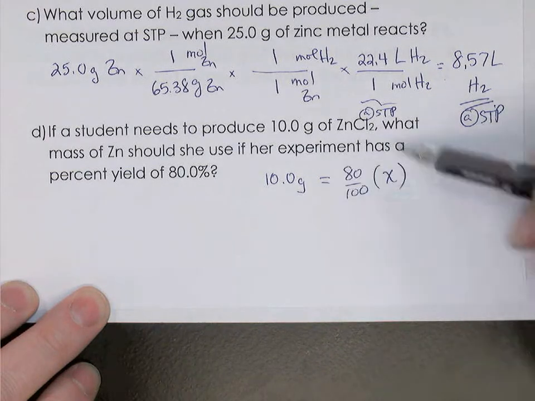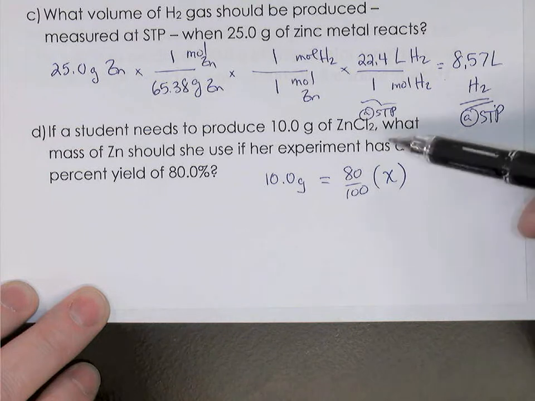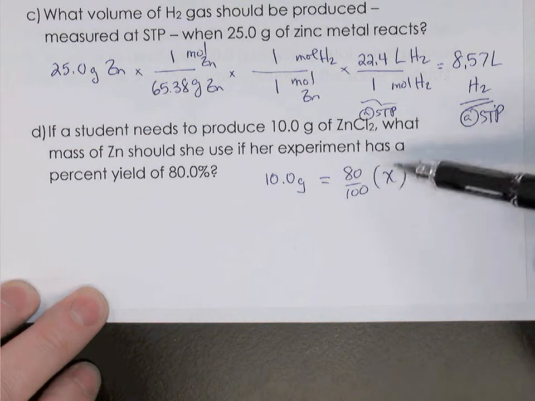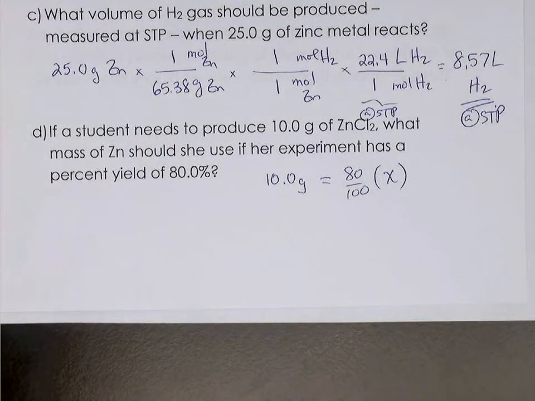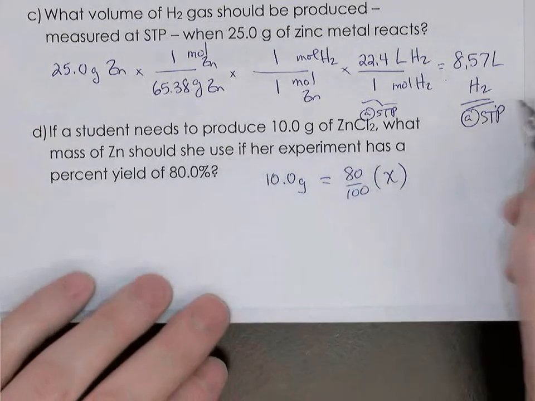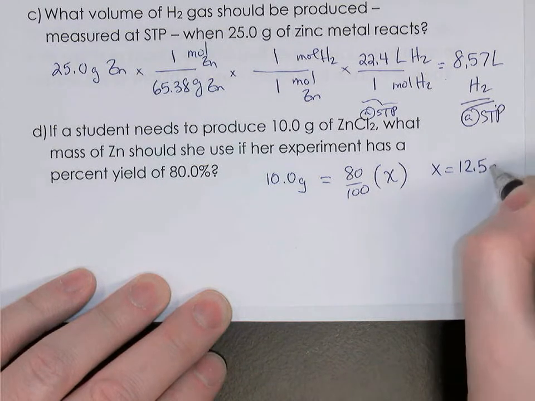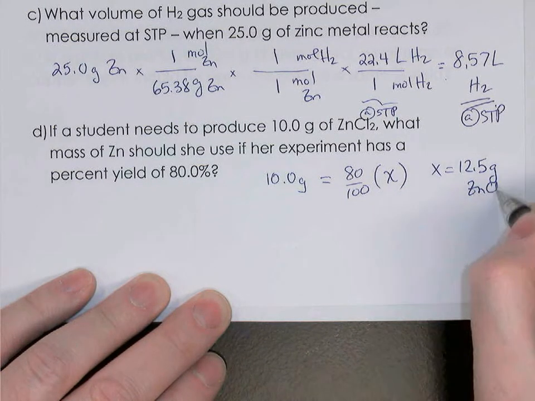And this would work for any percent yield calculation. Even percent yields that are over 100, we would set up the very same thing. So now if I take 10 and divide by 0.8, 80 over 100 is 0.8, I get 12.5 grams. So X here is 12.5 grams of zinc chloride.